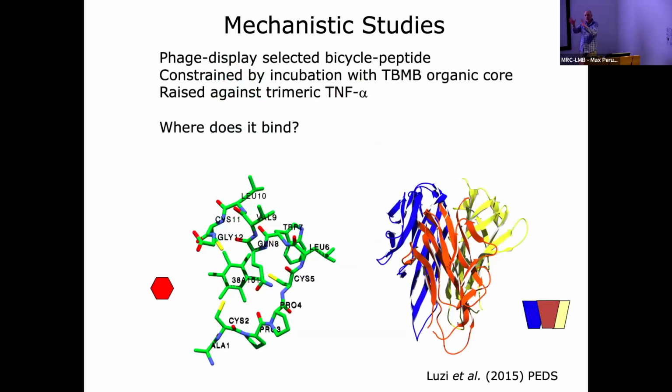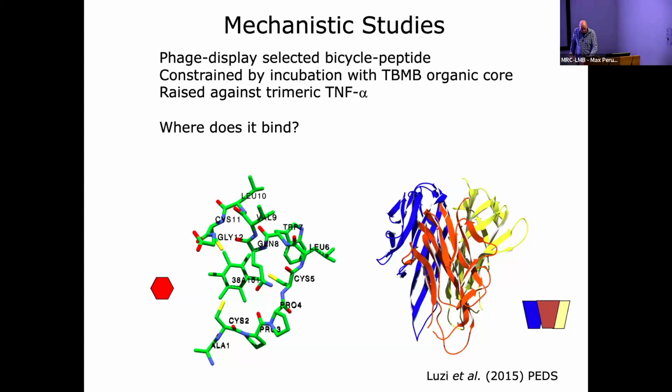So in a complex binding scenario, can we find out what binds to what? This was from Bicycle Therapeutics, and they formed these cyclical peptides interlocked with a benzene ring. So you've got these two loops, and they developed this one against TNF alpha, which is a trimeric protein.